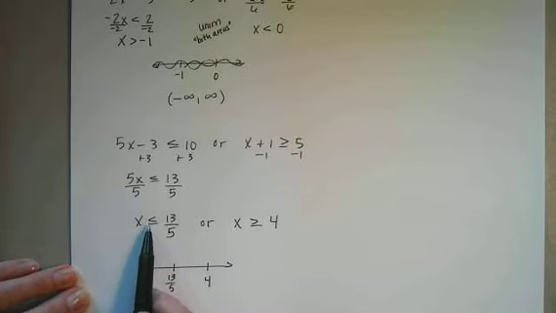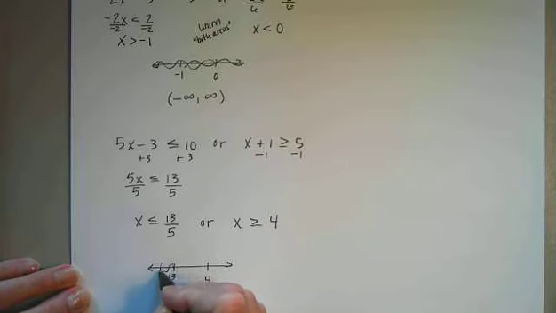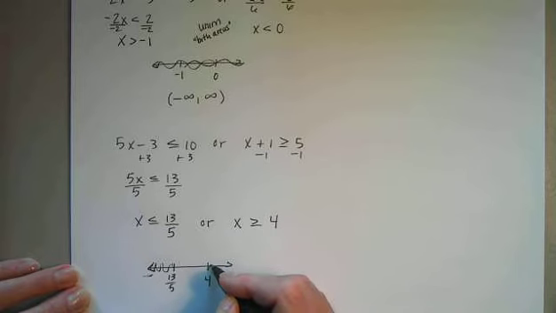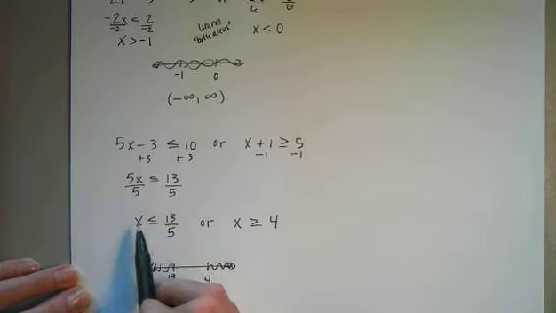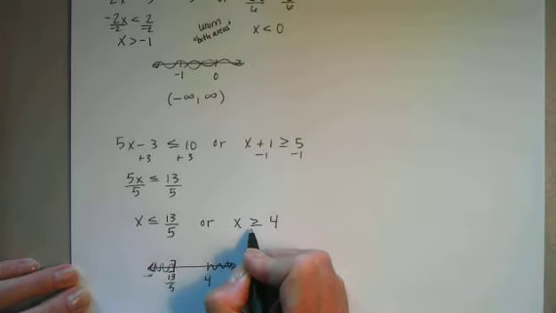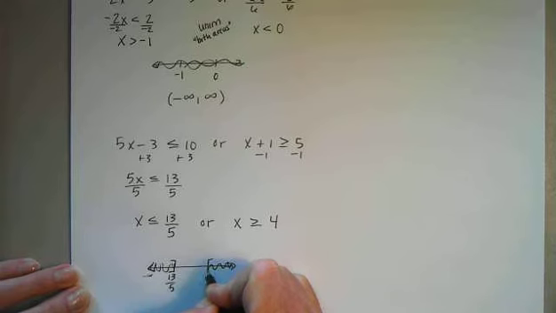Now, this one says that x is less than 13/5. So I'm shading to the left of 13/5 to negative infinity. This one says it's greater than 4. So I'm shading the greater side, the bigger side, to positive infinity. And these say they are less than or equal to. So we know it's a bracket or a solid circle. Again, greater than or equal to.